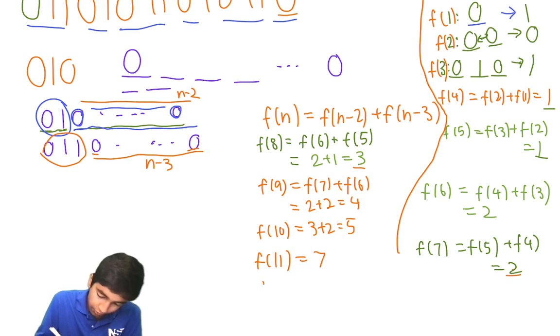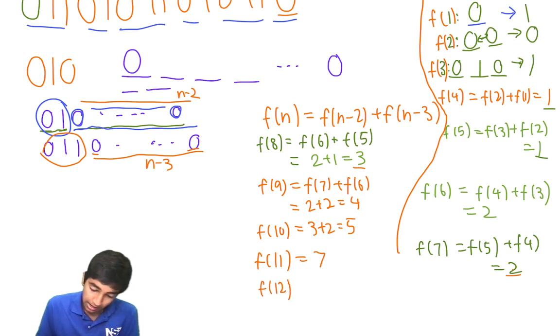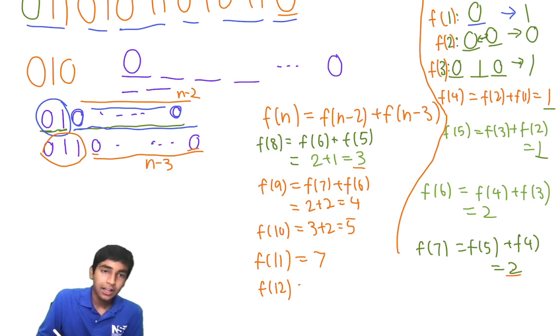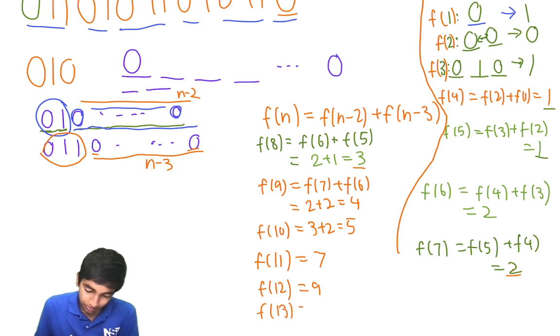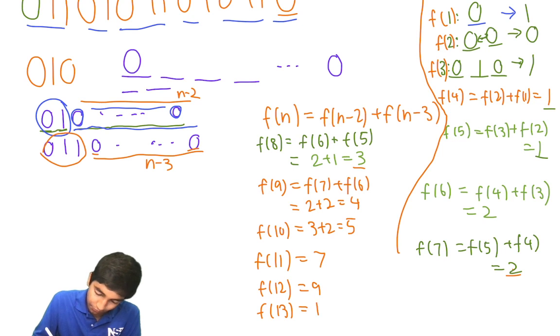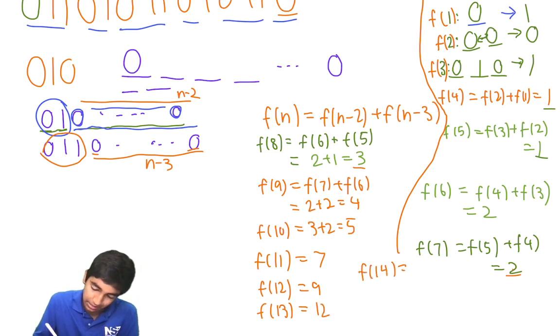F of 12 is f of 10 plus f of 9 equals 9. F of 13 equal to f of 11 plus f of 10 equals 12. F of 14 equals f of 12 plus f of 11 equals 16. F of 15, f of 13 plus f of 12, 21.